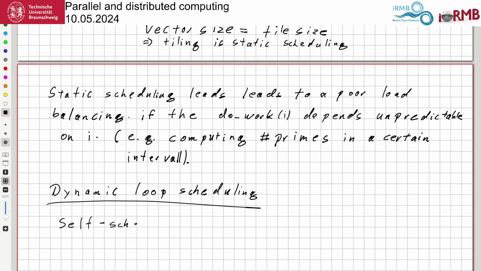This is called self-scheduling. An idle worker is requesting work from a master.